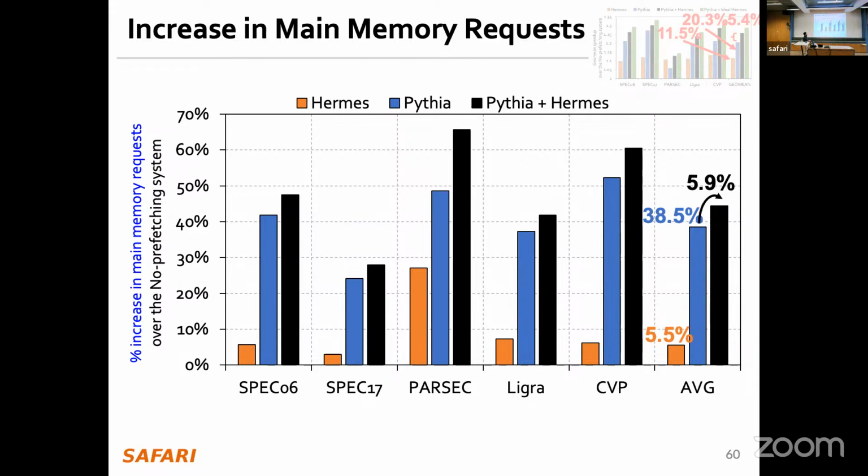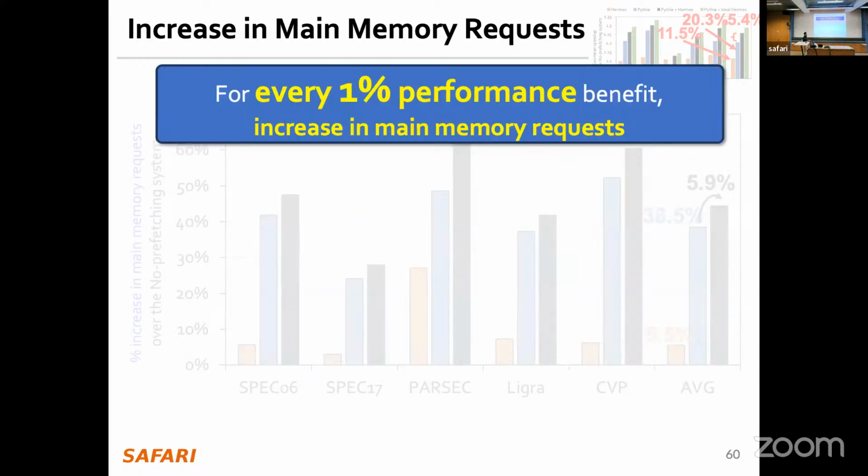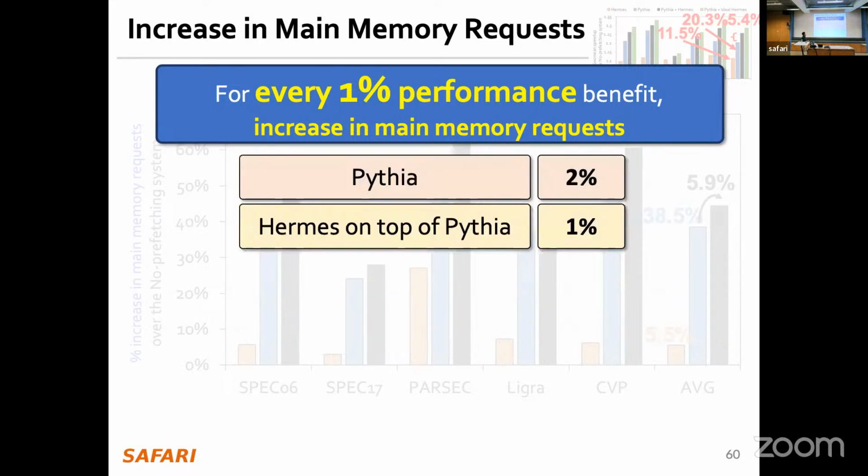You're getting 20.3% performance with a 38% increment of DRAM traffic, and then an additional 5.4% performance for only 5.9% DRAM traffic increase. So for every 1% performance benefit, for Pythia, it increases the DRAM request by 2%. If you implement Hermes on top of Pythia, for 1% you're already at the break-even point, a 1% increment.